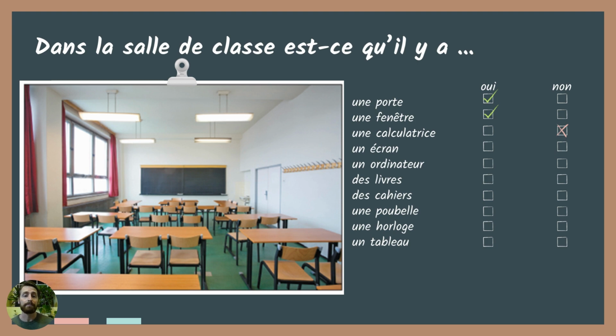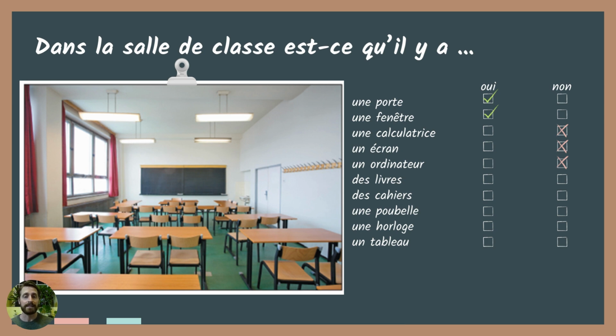Non, il n'y a pas de calculatrice. Ensuite, dans la salle de classe, est-ce qu'il y a un écran? Non, il n'y a pas d'écran. Dans la salle de classe, est-ce qu'il y a un ordinateur? Non, il n'y a pas d'ordinateur.